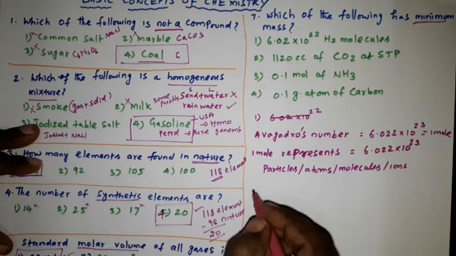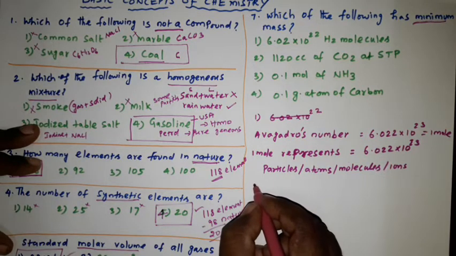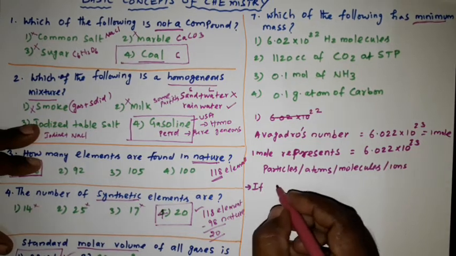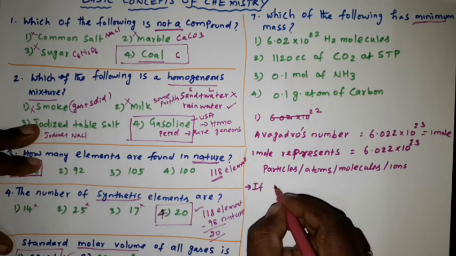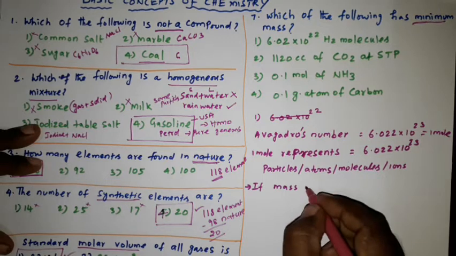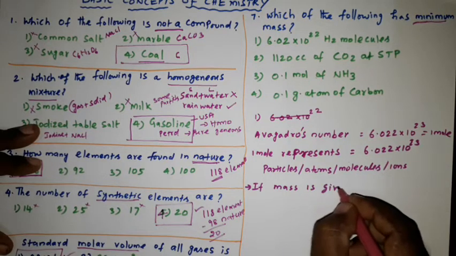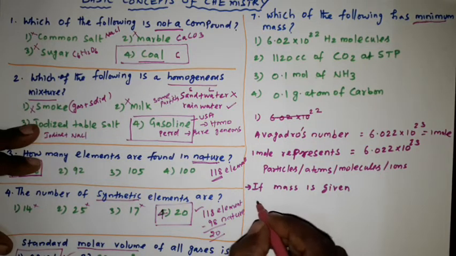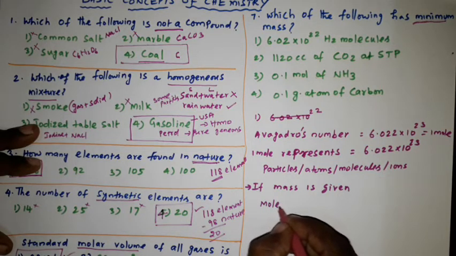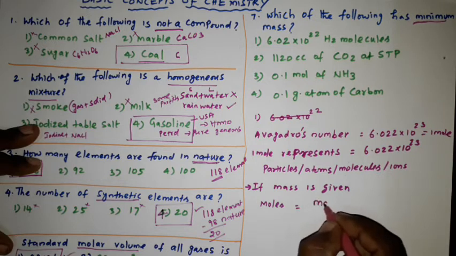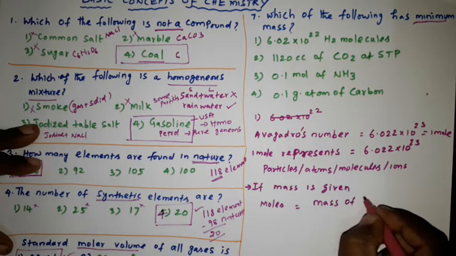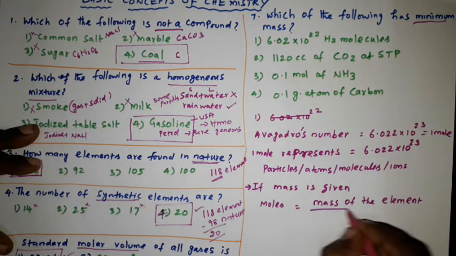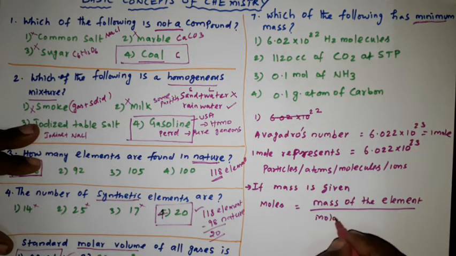In the question, if mass is given, to calculate the number of moles: moles equal mass of the element divided by molar mass of the element.